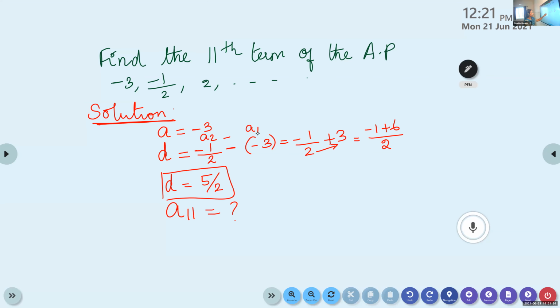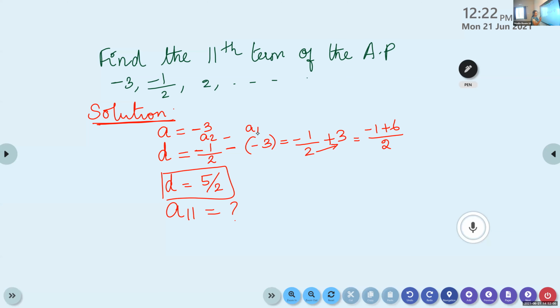Negative of negative will become positive. So negative 1 by 2 plus 3. So we get negative 1 plus 6 by 2, so we get 5 by 2. Is it okay? Right. We take the common difference as second term minus first term.